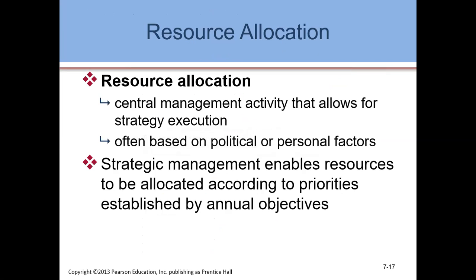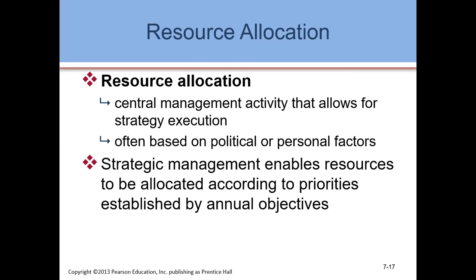The second concern we are looking at related to management issues is resource allocation. As we all know, resource allocation is a central management activity that allows for strategy execution, and resource allocation is often based on political and personal factors as well, because obviously decisions are to be taken, and in those decisions personal biases and politics can always play their role.